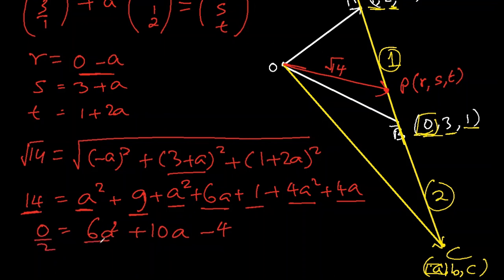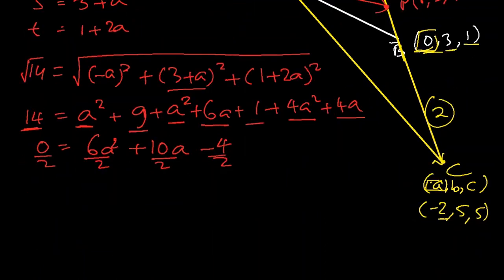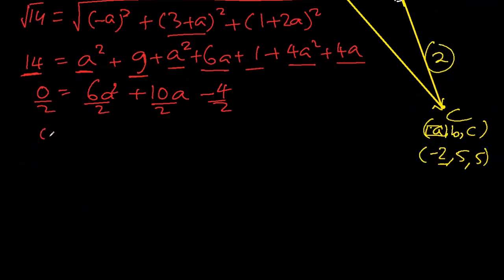So let's divide all of this by 2 so that we get a simpler quadratic equation. It becomes 0 equals 3a squared plus 5a minus 2. So let's find the values of a by factoring. You can use your calculator, but I'm factoring this one.